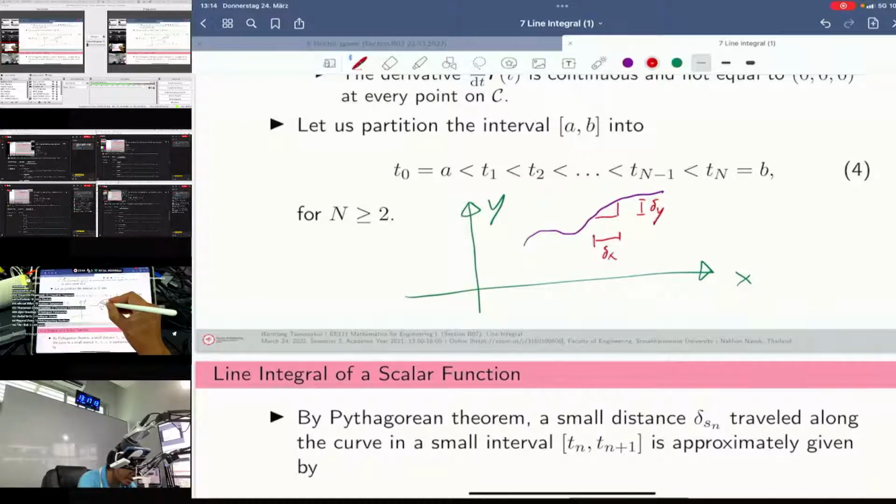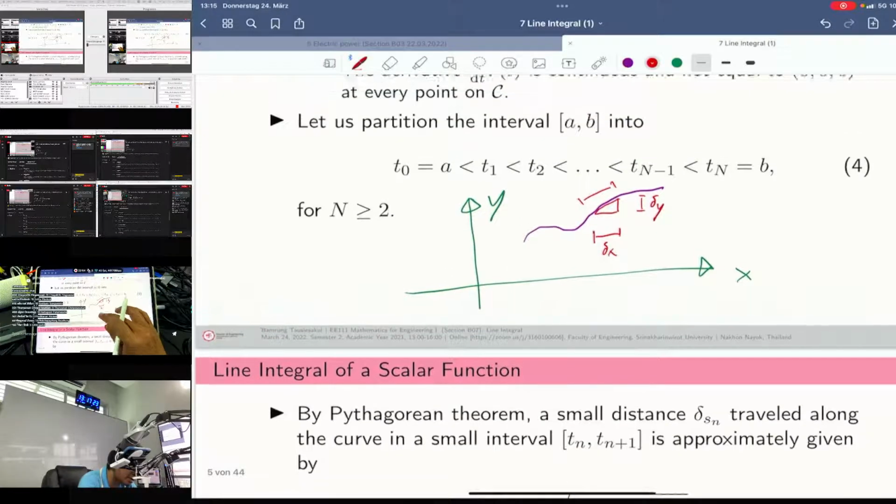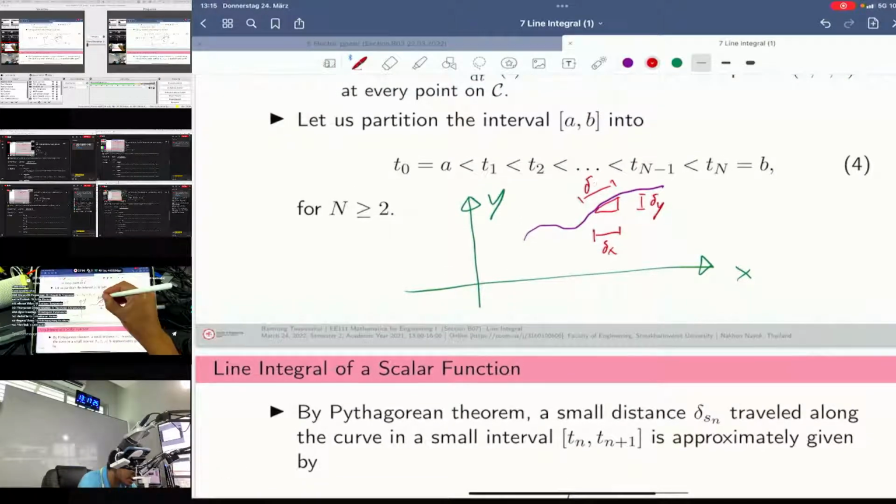The distance along here, by the Pythagoras theorem, is approximately delta s, where delta s is the distance along the curve.